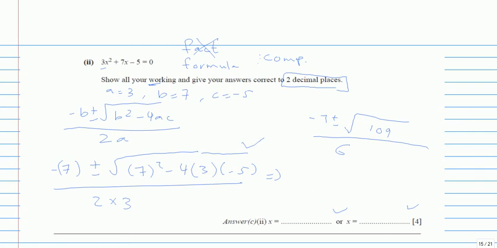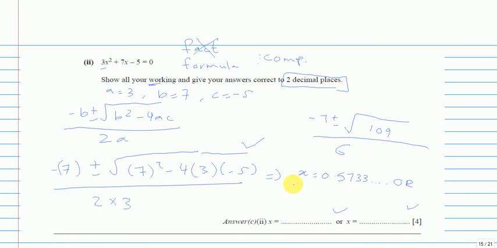So when you add, you will have x is equal to 0.5733. Always show at least 4 numbers.